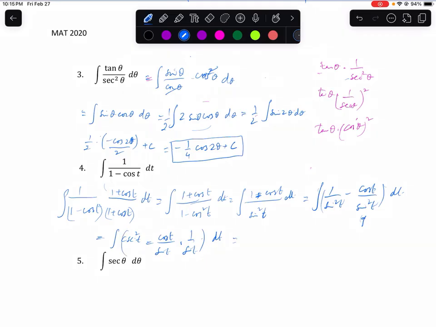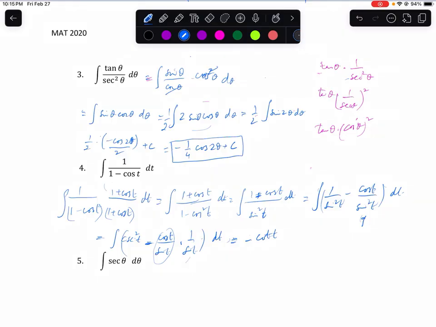Now the antiderivative of cosecant square t is negative cotangent t. And this one is cotangent and this is cosecant.